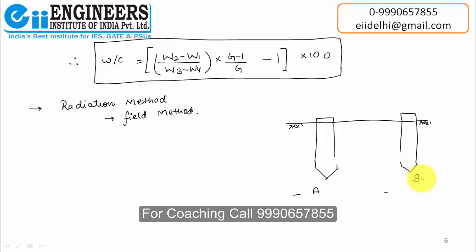So we basically have two casings, and then what we do is we take a device which contains some radioactive isotope material. Generally we take cobalt 60.